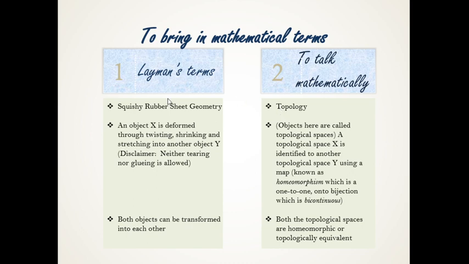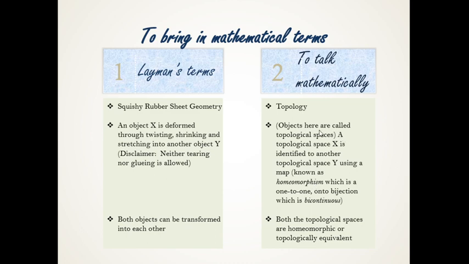When a layman says an object X, you can call this X the coffee cup, and Y the donut, so that we can understand it better. So an object, the coffee cup, is deformed into the object donut through the process of twisting, shrinking, and stretching. The same idea is mathematically called as follows.